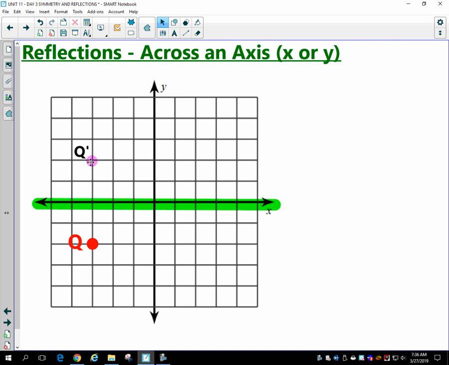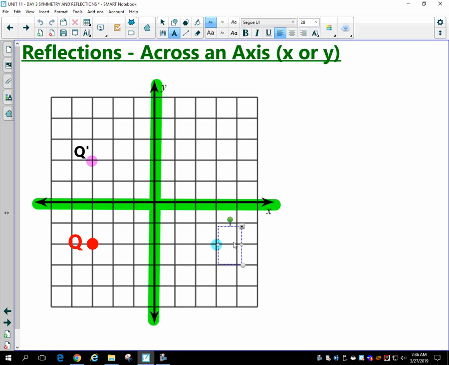If I want to fold over the y-axis or reflect over the y-axis, that's this vertical line, we do the same thing. I count how many spaces till I get to the y-axis. 1, 2, 3. And so my new point is going to be 1, 2, 3 units away.